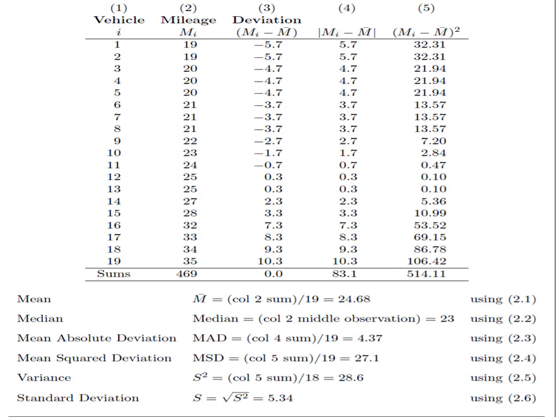To find the mean absolute deviation, we firstly write summation over n.